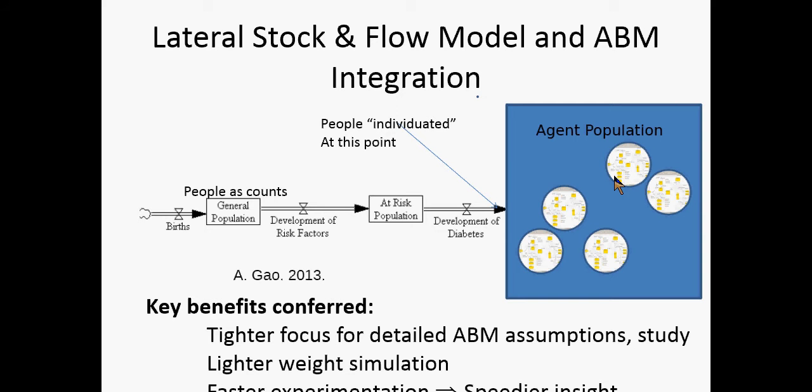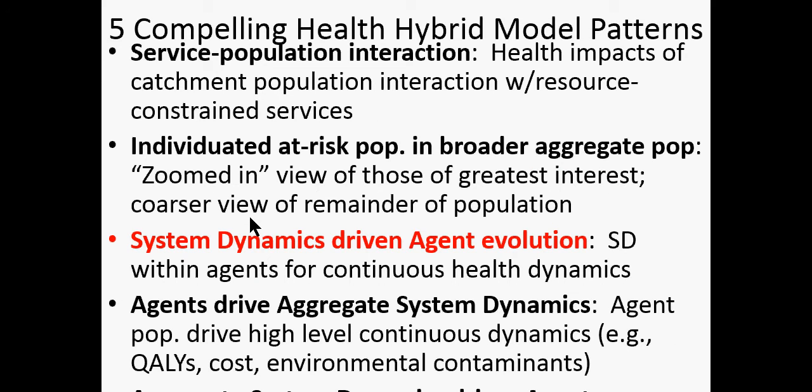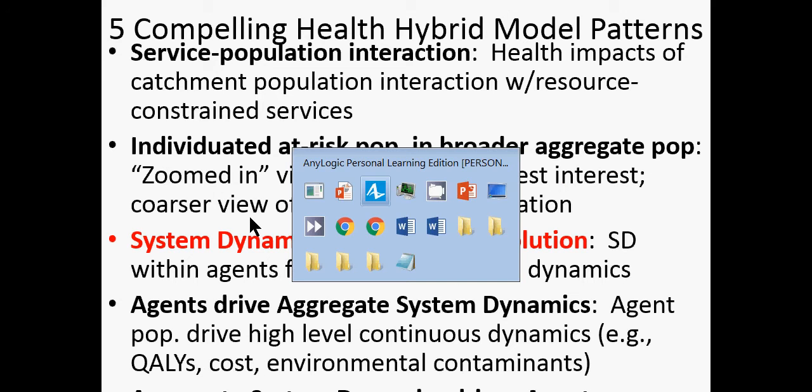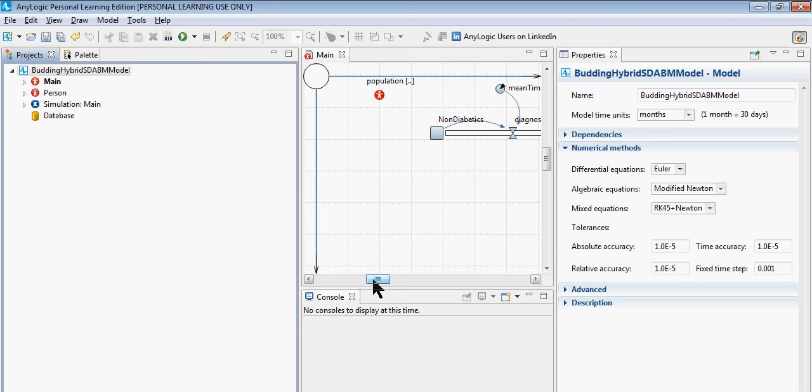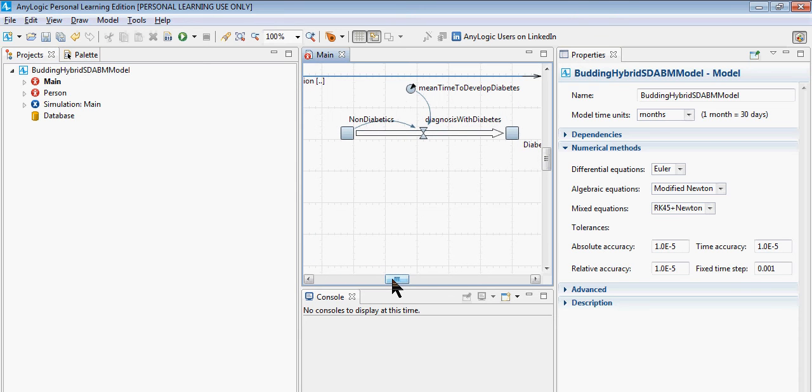So it may be a fairly rich aggregate representation from a stratification standpoint, but once individuals reach a certain point in their progression, they will be individuated as agents. Now, why would you do this? Well, there's a couple key features of this. Number one, we can have a tighter focus for our individual level investigations.